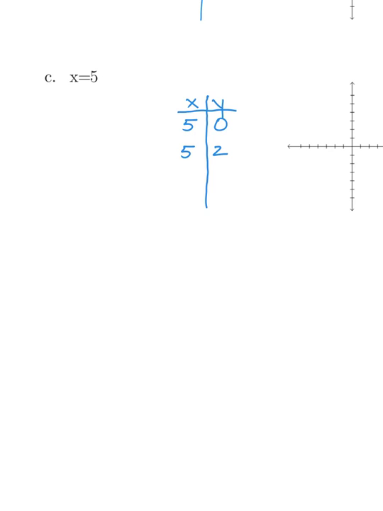Let's come up with a third one. When x is 5, y is -4. Looking at this point, is x equal to 5? Yes. So for vertical lines, or for when we see equations like x equals 5, all we have is the restriction that x has to equal 5. Y can be whatever it wants.